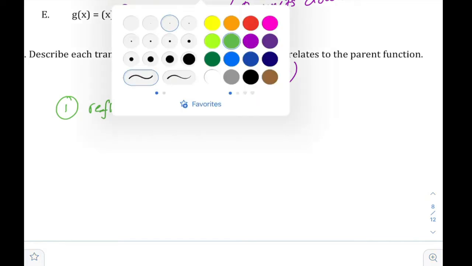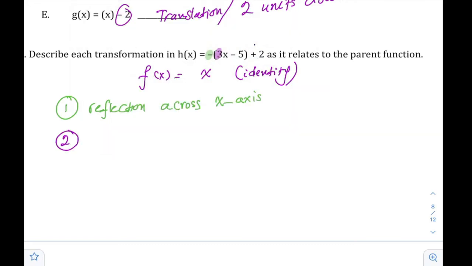Since it is multiplication, it is dilation. And dilation means either vertical stretch or compressed. So the 3 is inside the group, so it is horizontally compressed, because it is inside the group.